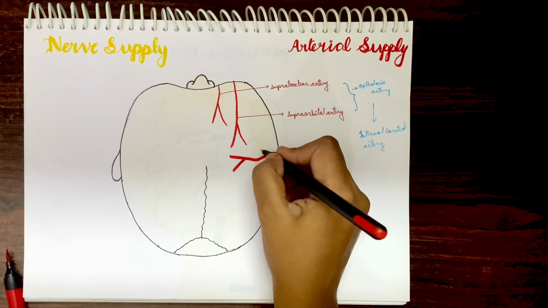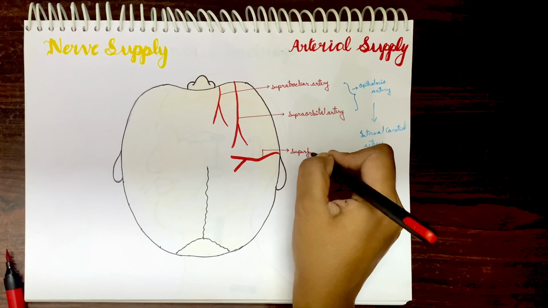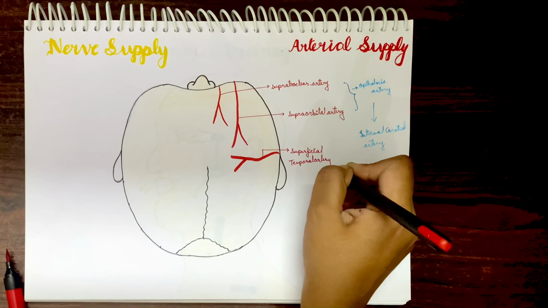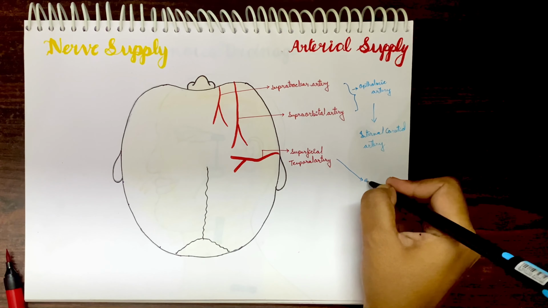Next is the superficial temporal artery, which is a branch of the external carotid artery.